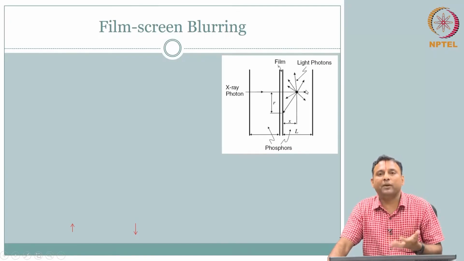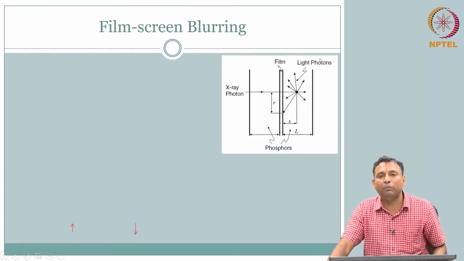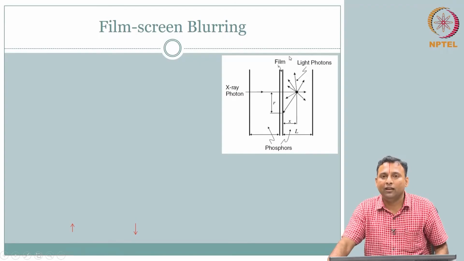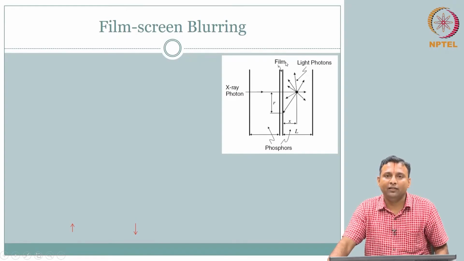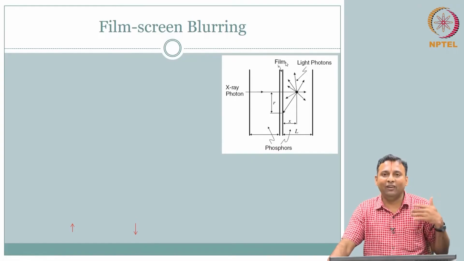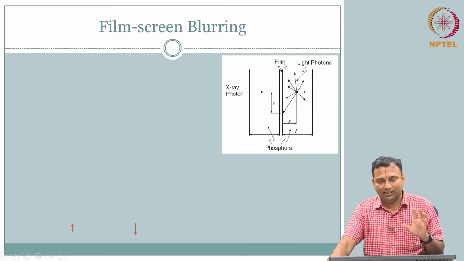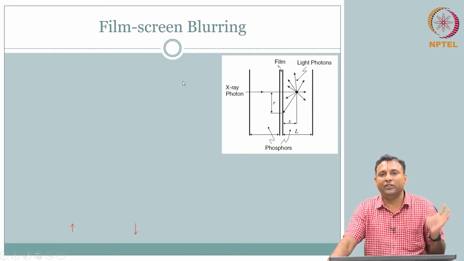If I have a point spread function of this film screen subsystem, how can I incorporate that into my imaging equation? Cascade it, convolution. If I can characterize the point spread of this subsystem, then I can update my imaging equation.